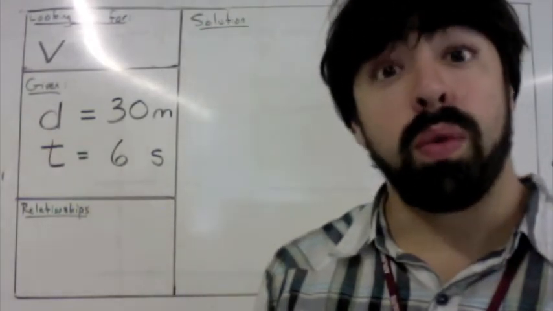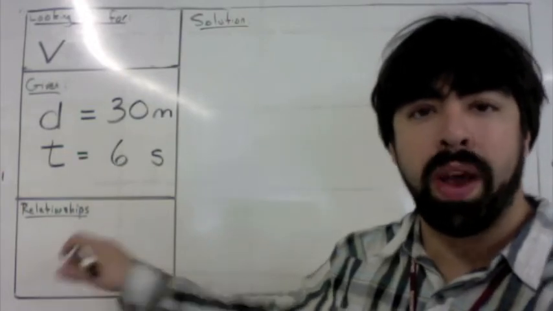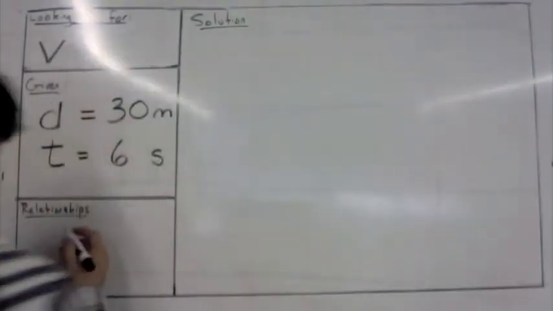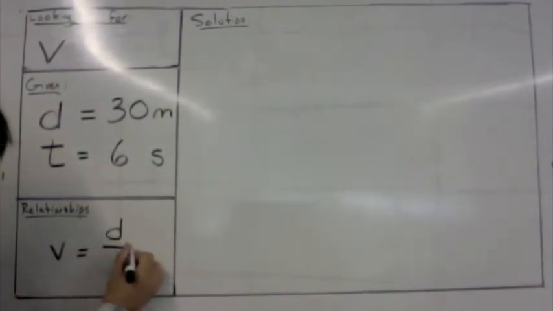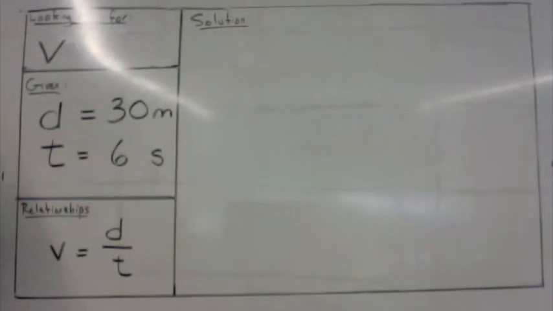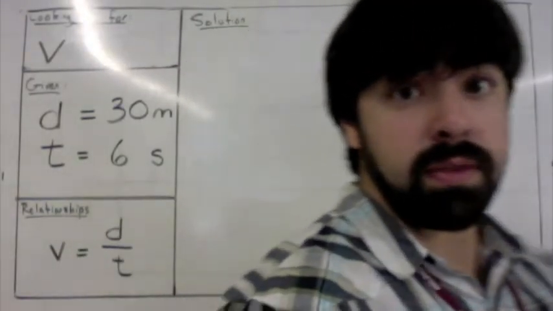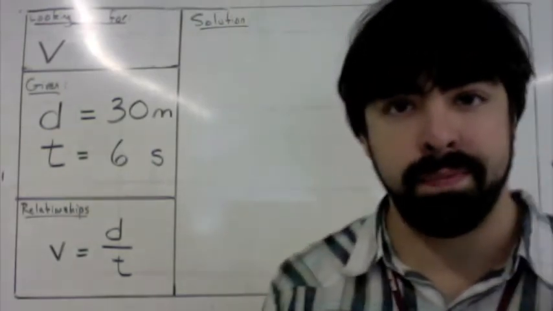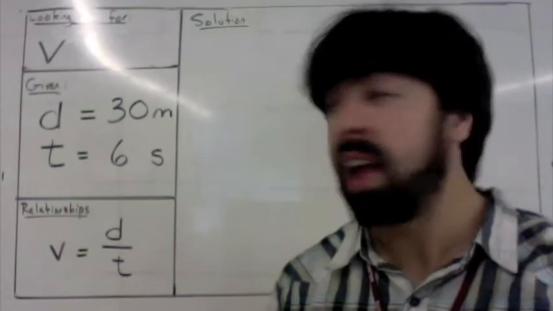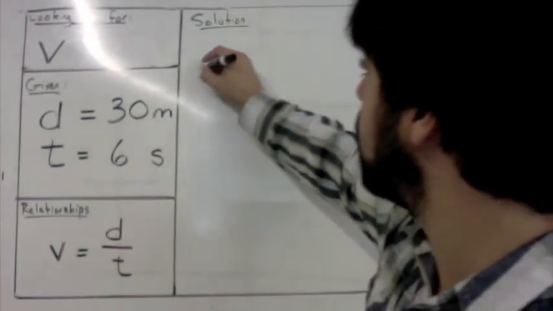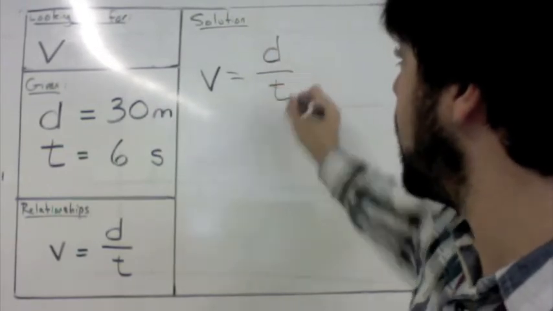What are now our relationships? What do we need to know? What is the equation? Speed equals distance over time. That is our clue that unlocks the secret to figure out what is speed. So, to solve, start by rewriting the relationship. v equals d over t.